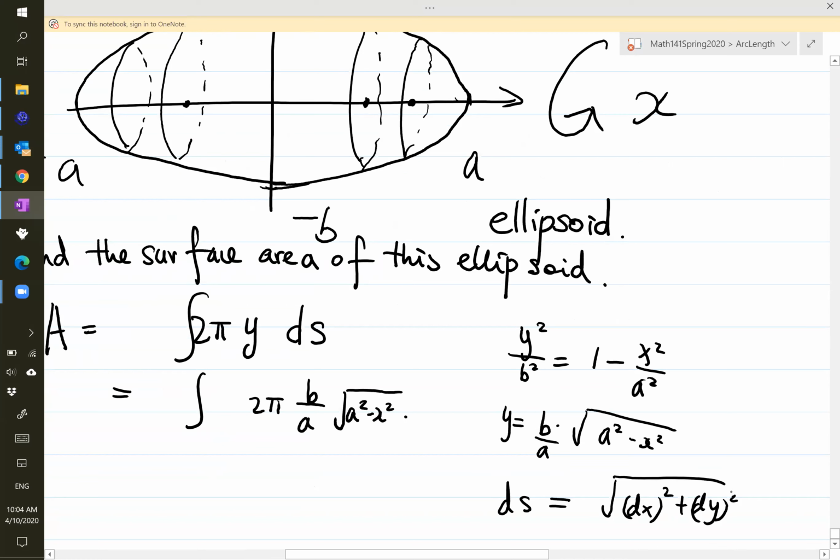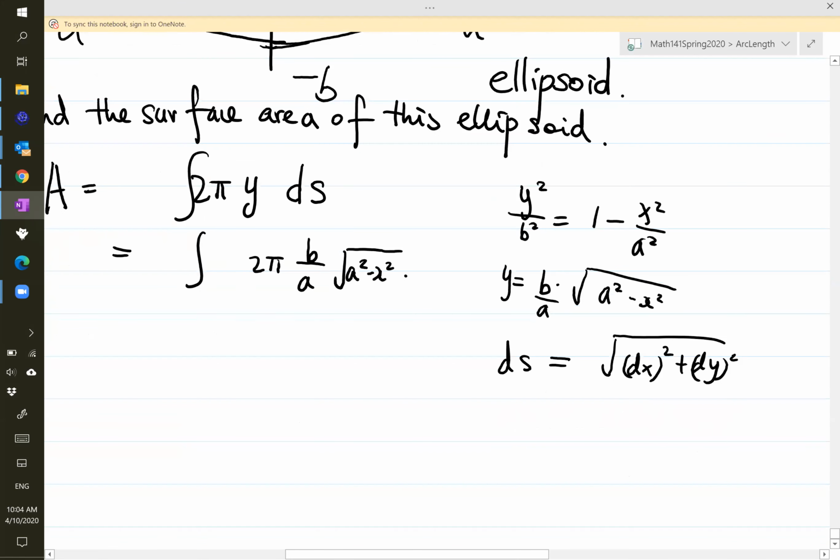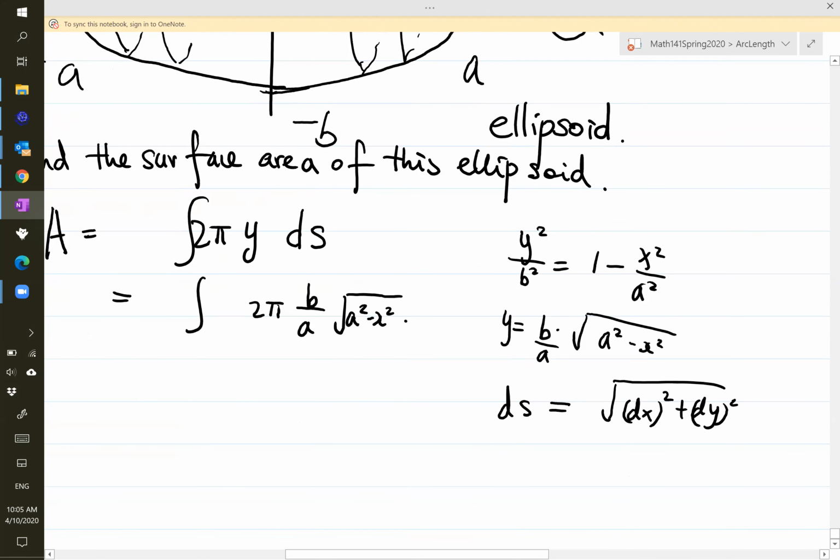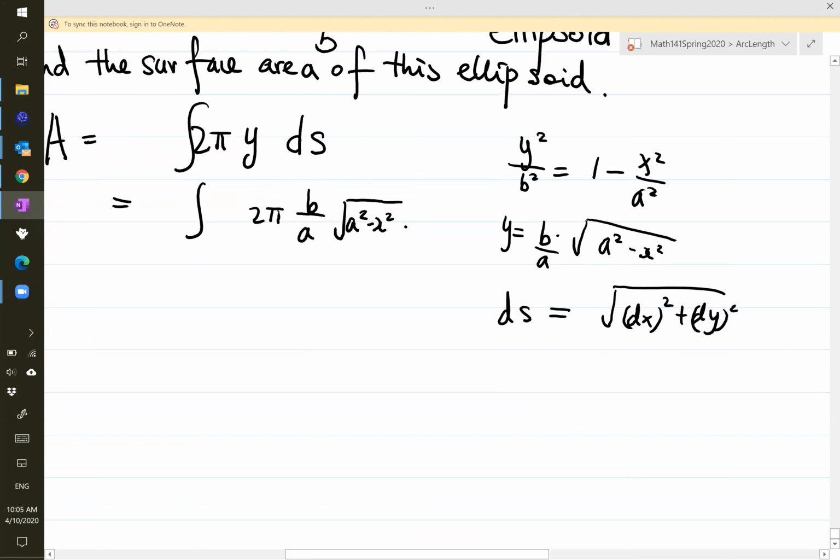So ds will be a little complicated. Actually, we got the arc length element last time, so you can check your notes. If you factor out dx, how do we find dy over dx?